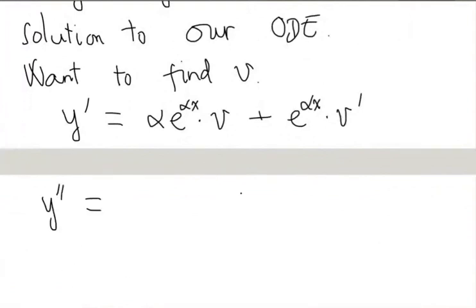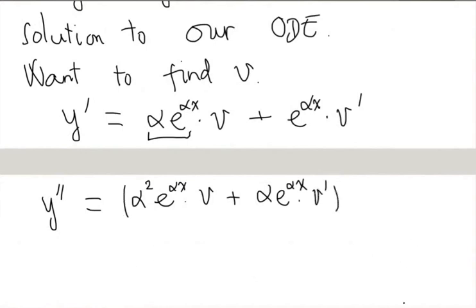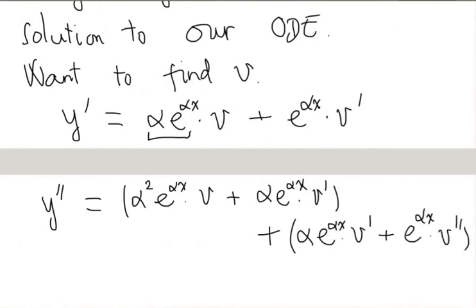For the second derivative, we use the product rule again. For the first product, we have alpha squared e to the alpha x times v plus alpha e to the alpha x times v prime. And for the second, we have alpha e to the alpha x times v prime plus e to the alpha x times the derivative of v prime, which is v double prime.